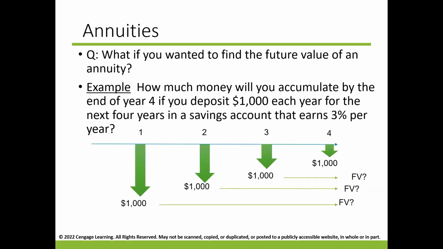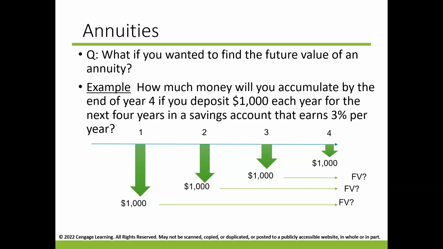So going to an annuity, let's say that we want to find a future value annuity. Now, in the previous problem, what we did was we calculated the present value of an annuity. Now we want to flip the script a little bit and ask, what is the future value of an annuity? So how much money will you accumulate by the end of year 4 if you deposit $1,000 each year for the next 4 years into a savings account that earns 3% per year?